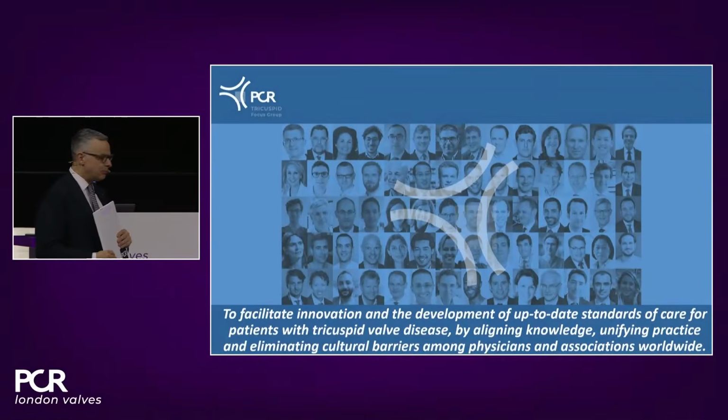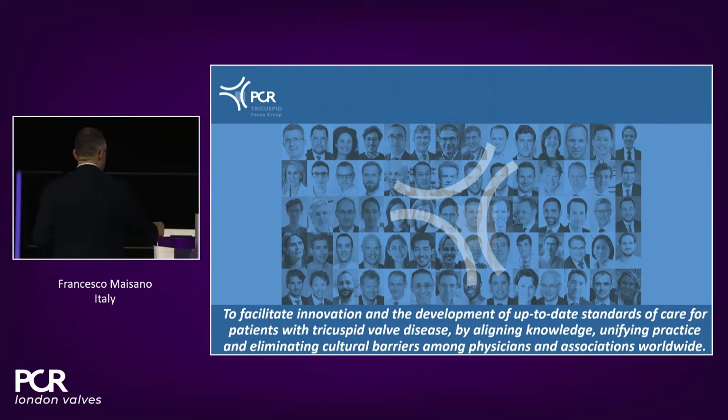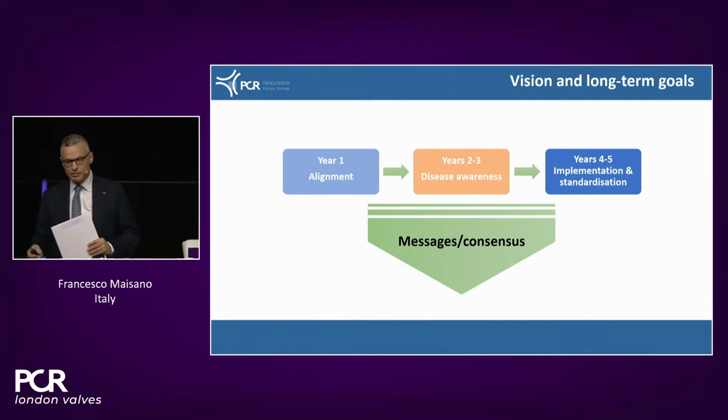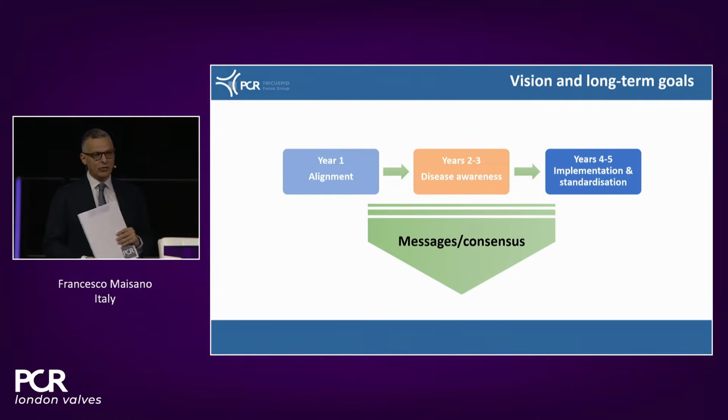So the main objective of this focus group has been to find alignment on these debated concepts. And here now we are in the phase of disease awareness, so we are dedicated to distribute and disseminate the knowledge that we've been collecting these years.